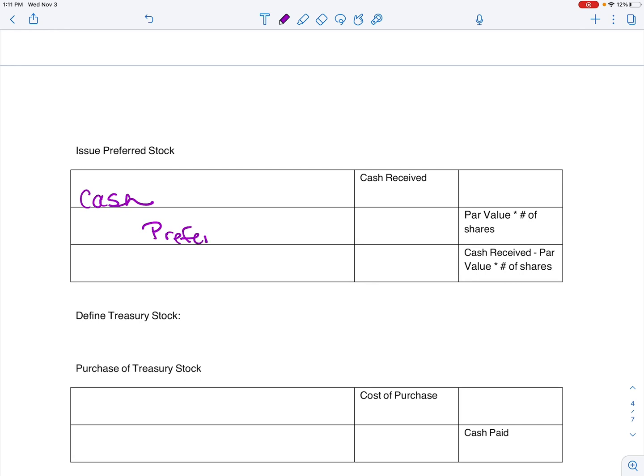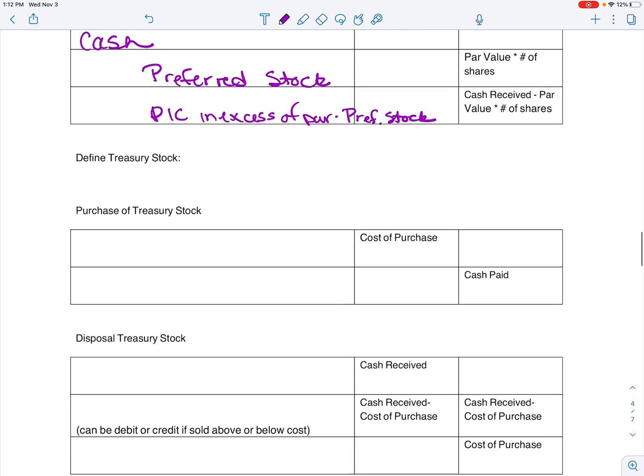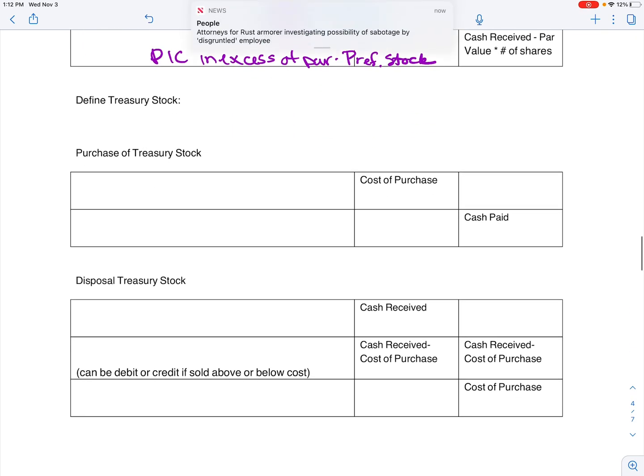We're going to record that preferred stock, and that's going to be at the par value. And then we record paid in capital in excess of par, preferred stock for the difference. So the journal entries are all kind of basically the same. Just understand which type of stock you're recording.